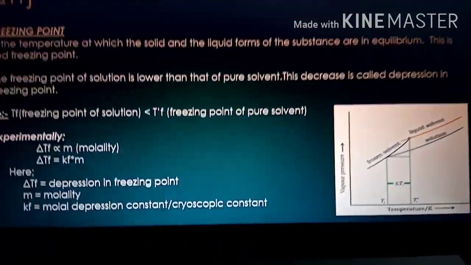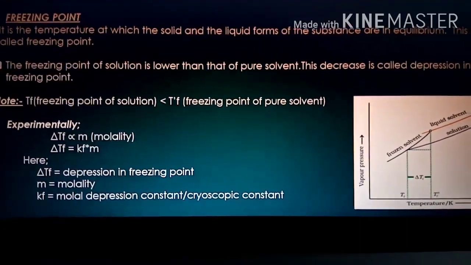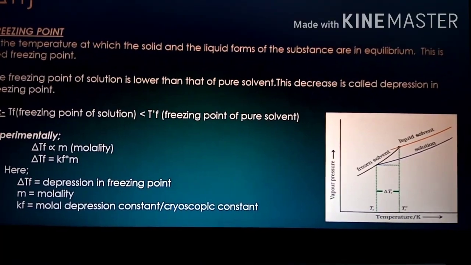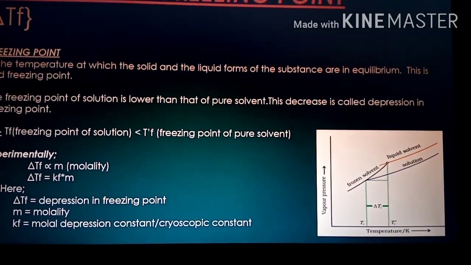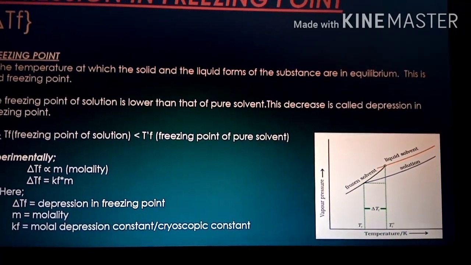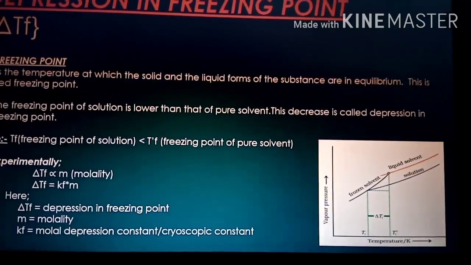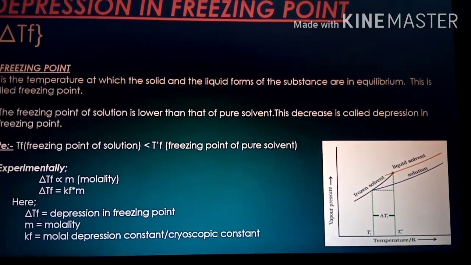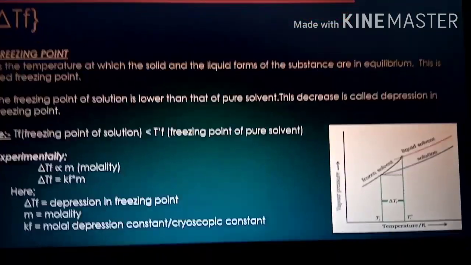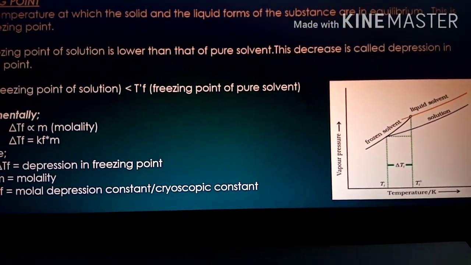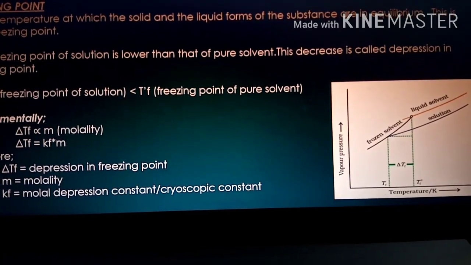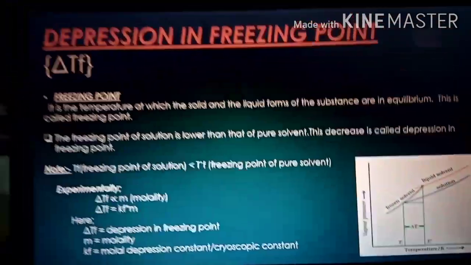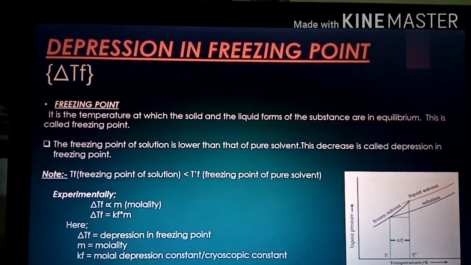I am zooming in. The first is the line of frozen solvent, the orange one is the liquid solvent, and the purple one is that of the solution. At the bottom we can see Tf and T°f. What does it mean? Their temperature difference is delta Tf, which is the depression in freezing point.